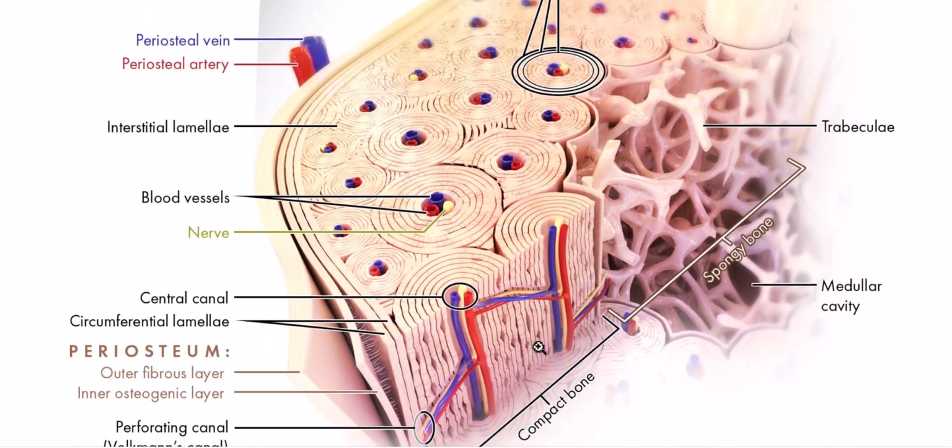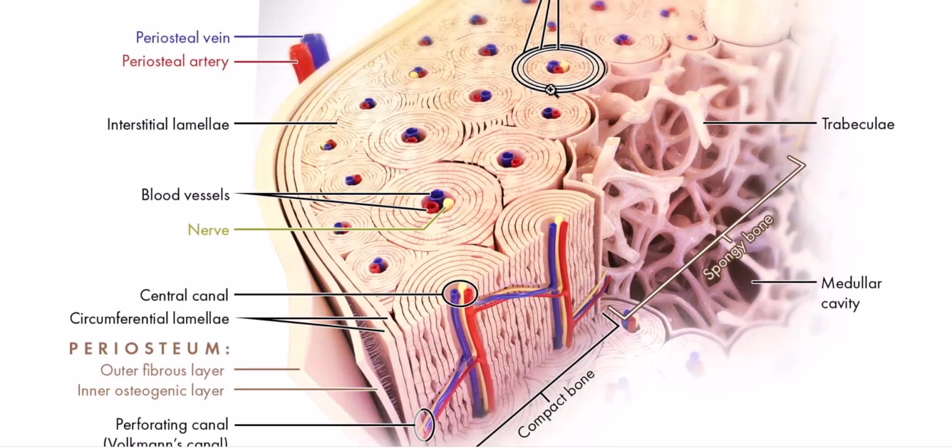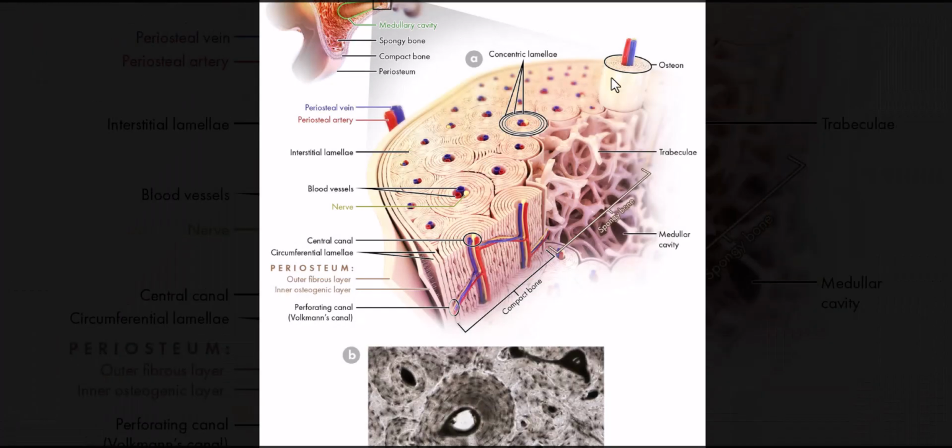And so, just imagine we're looking at a section of a big long bone. The outer periphery of that bone is compact bone made up of these individual osteons that run the long axis of the bone.